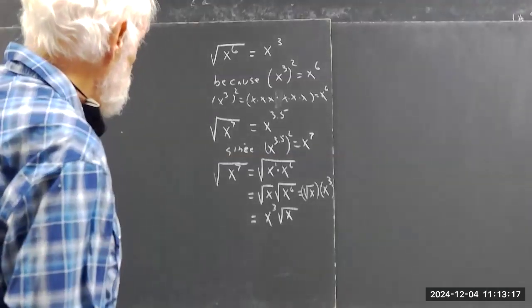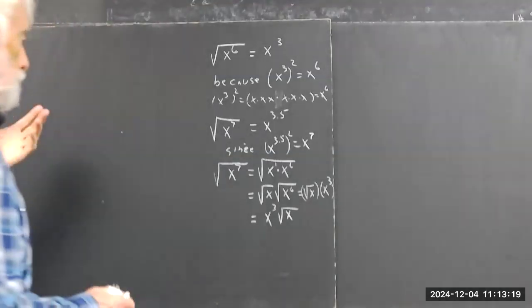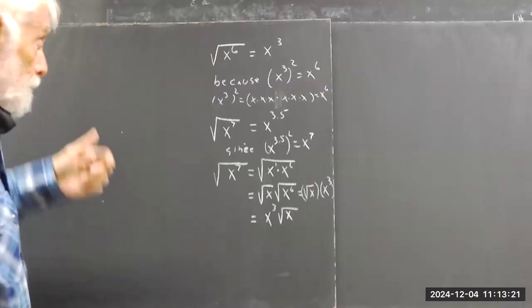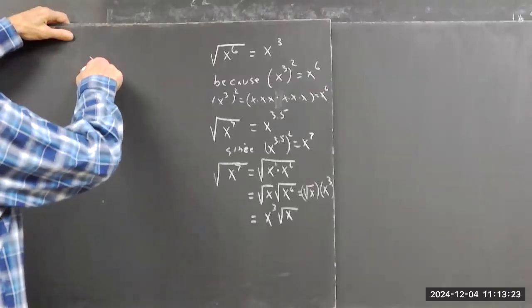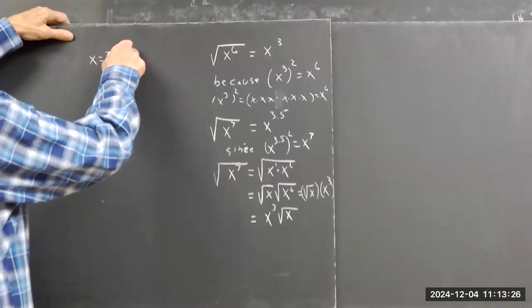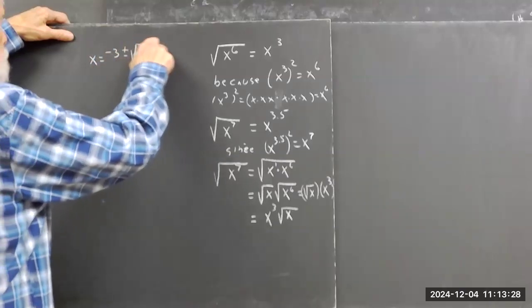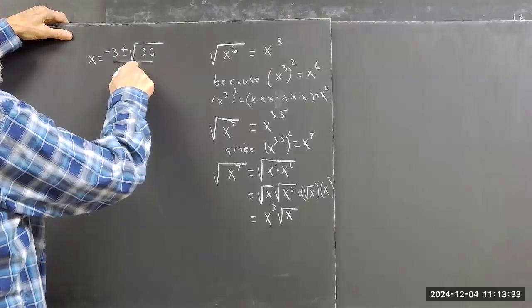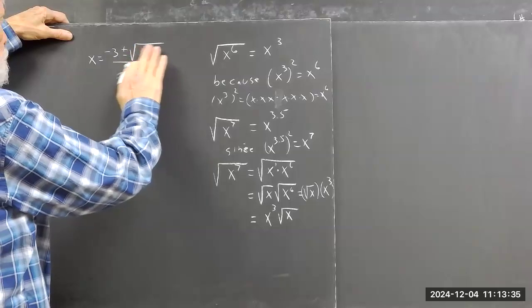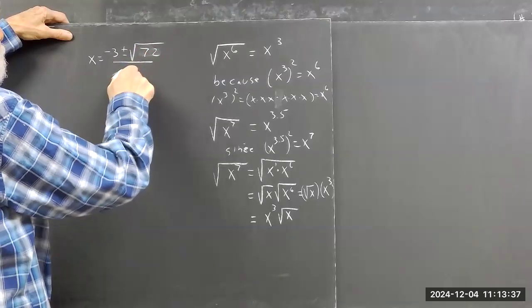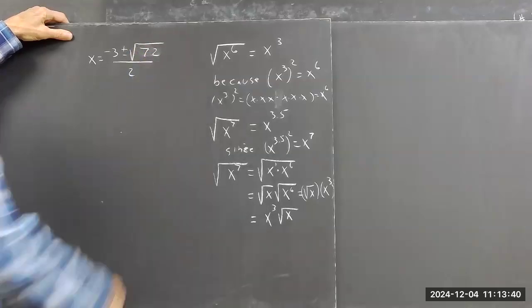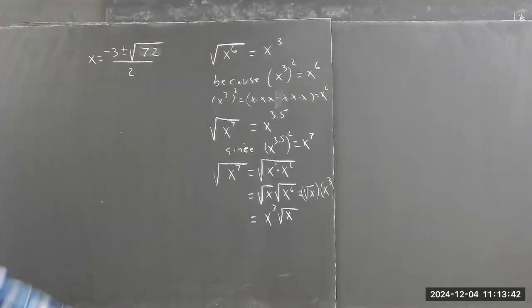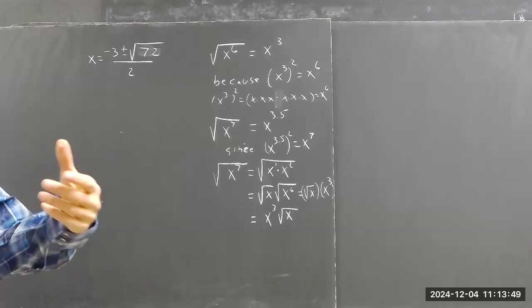But now let's see what we do if we have a quadratic formula solution. Let's say you got x equals negative 3 plus or minus the square root of 72, over 2. Now what can we do with that square root of 72? Well, the first thing we can do is the prime factorization of 72.